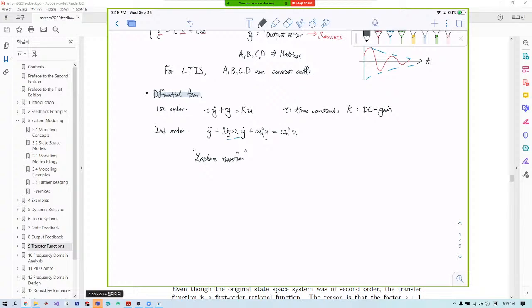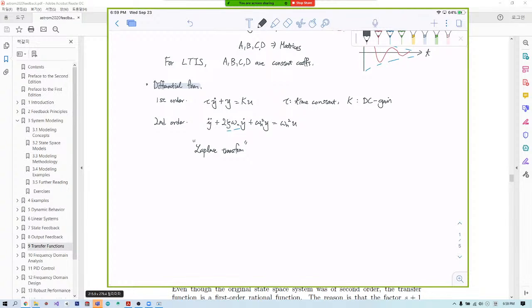This Laplace transform basically maps a function which is expressed in time domain to a Laplace domain.